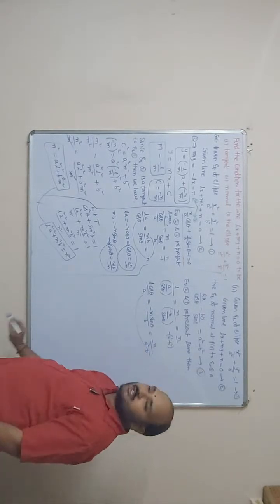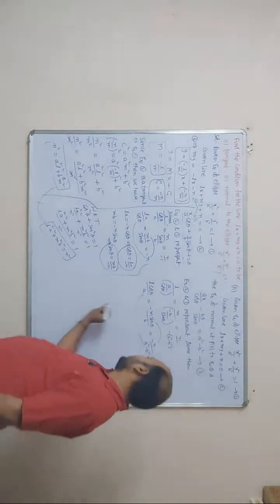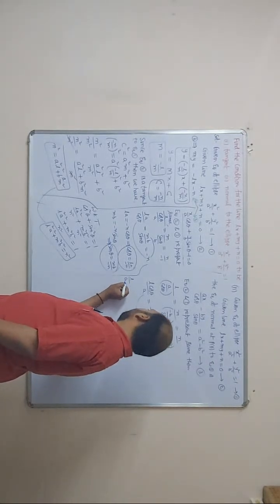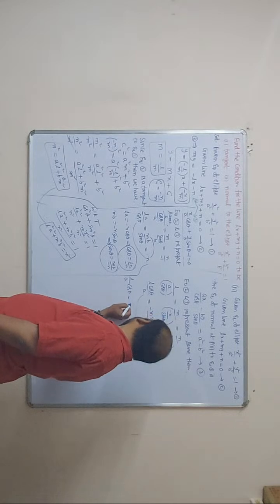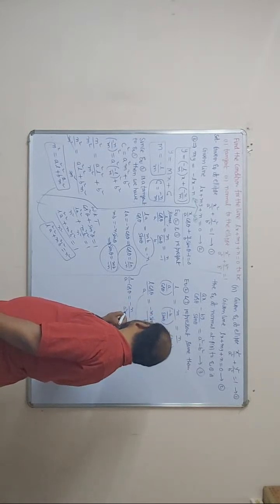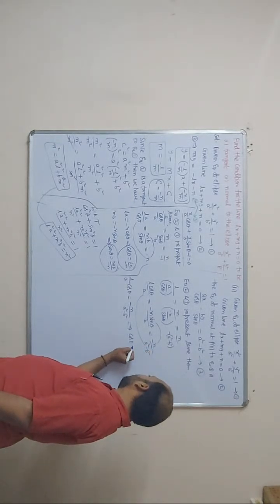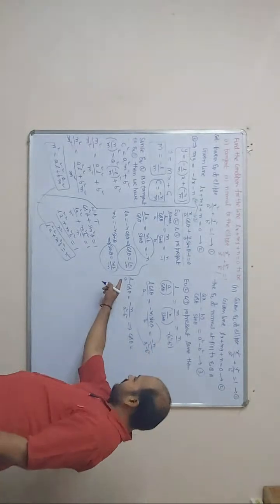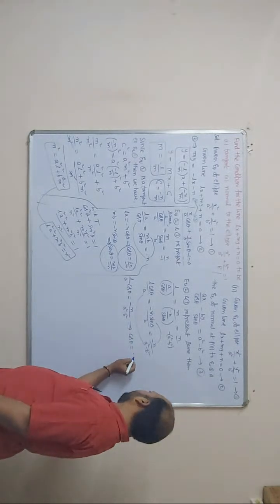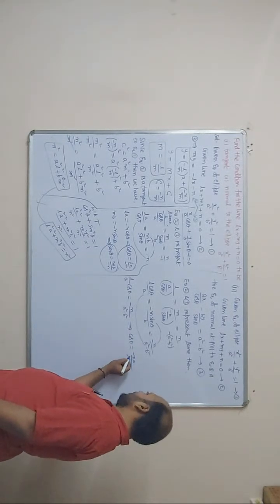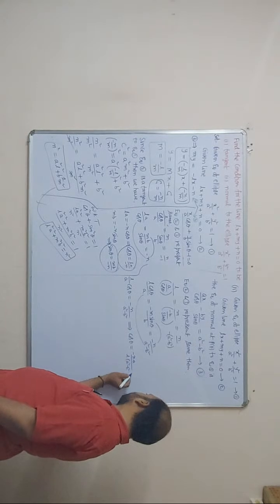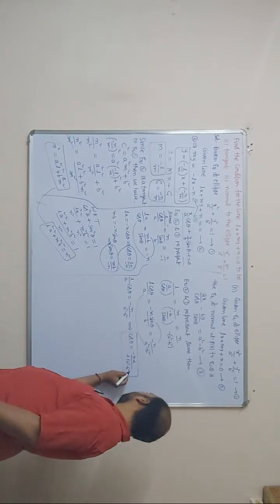From these two, make cos theta the subject. From these two, make sin theta the subject. l by a cos theta is equal to minus n by a square minus b square. That implies cos theta is equal to, except cos theta remaining, I am taking this side, minus na by l into a square minus b square. This is the cos theta value.